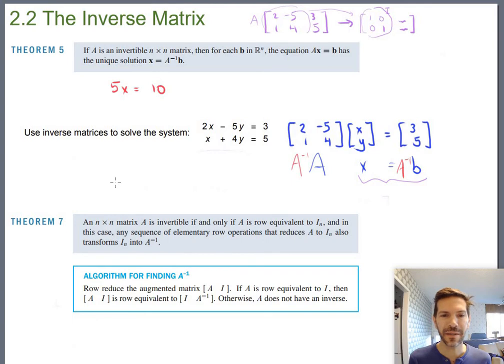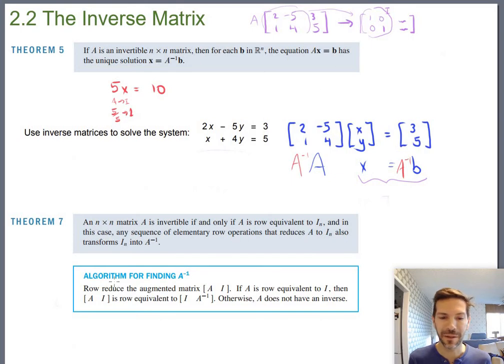You'd say, well, what does it take to turn 5, which is like our A in this problem, into the identity, into 1? Say what I would have to do to turn A into the identity, what I'd have to do to turn 5 into 1 is I'd have to do 5 divided by 5, which produces 1.